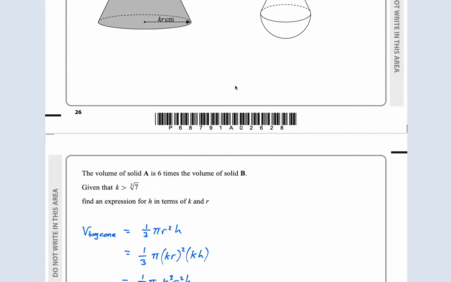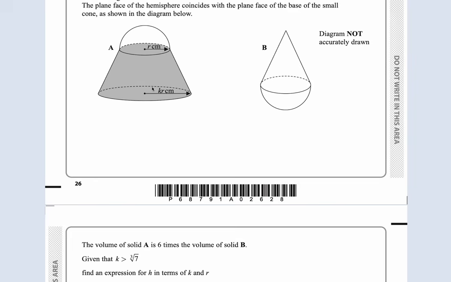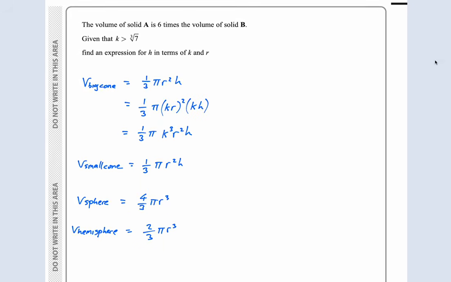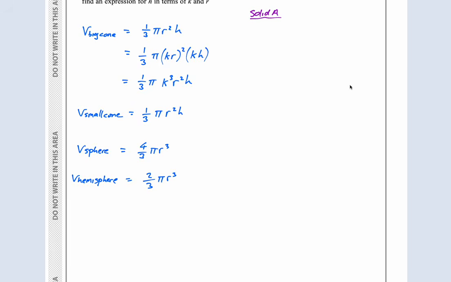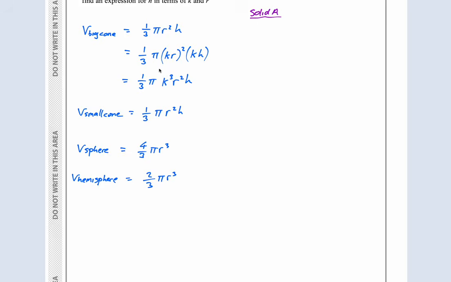Now solid A is the frustum plus the hemisphere. So let's look at solid A. The frustum is big cone minus small cone. Maybe let's do that as well here.